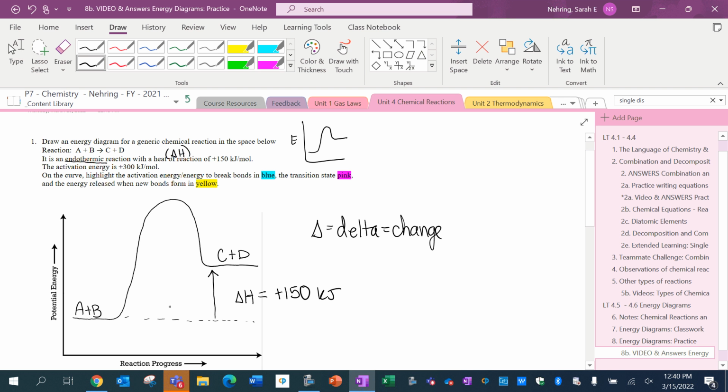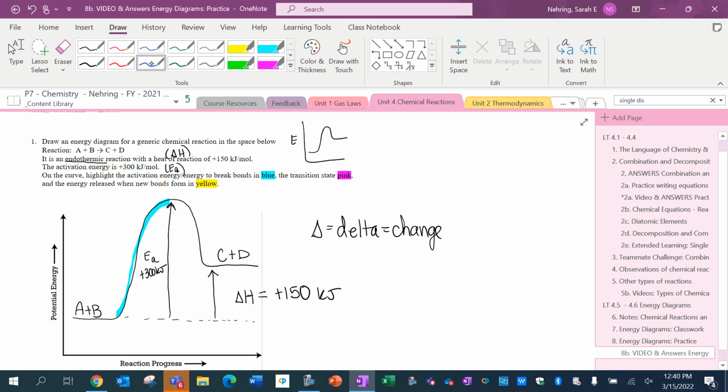The activation energy is this initial amount it goes up by. The symbol for activation energy, we sometimes use this symbol, E with a subscript A. And so the activation energy is positive 300 kilojoules. And then the activation energy corresponds to the energy needed to break bonds.